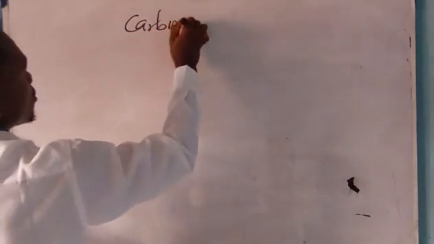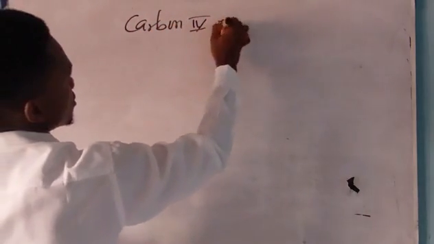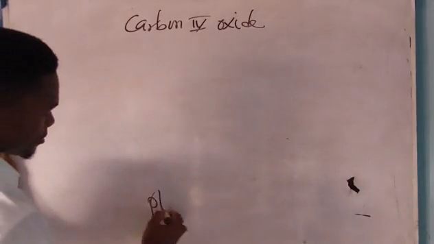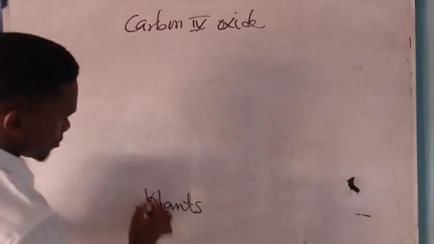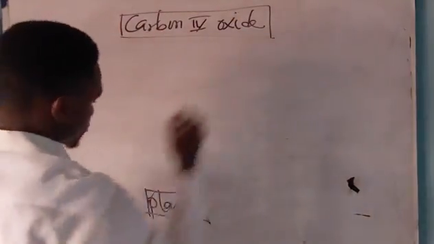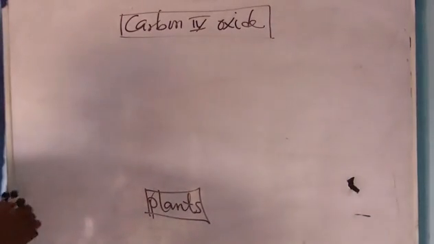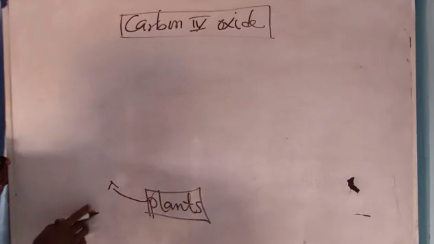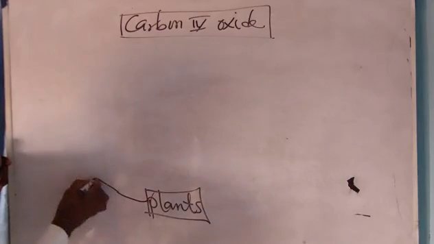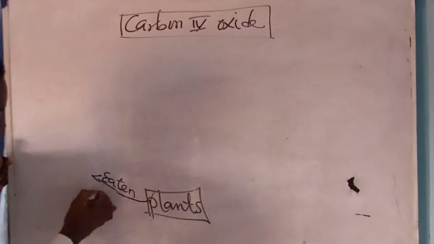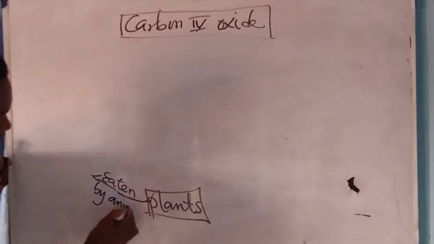You have carbon dioxide in the atmosphere. And for example, let me write here plants. You have carbon dioxide. Now, plants are eaten by animals, right?